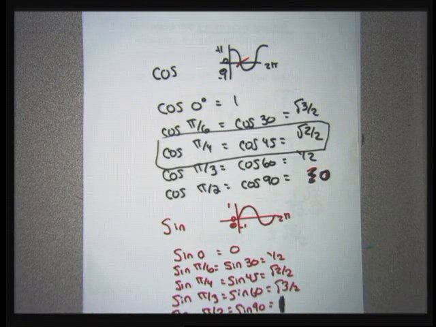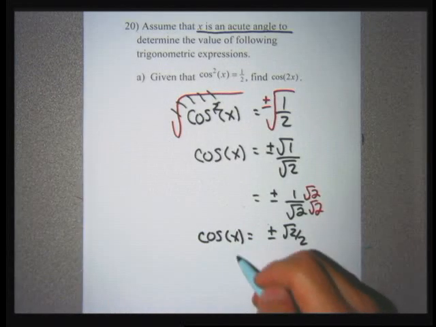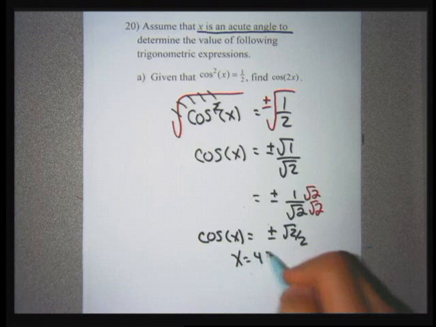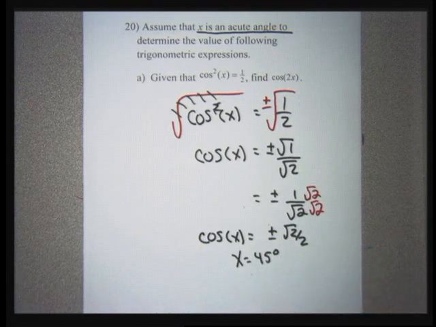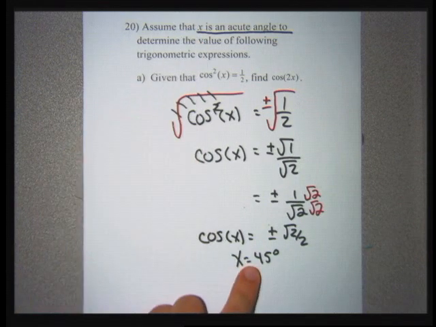I like degrees better, so I'm going to say my answer to this is x equals 45 degrees, realizing I'm limiting myself to the first quadrant. Again, if you took trig, 45 degrees, 135 degrees, 225 degrees, and 315 degrees would all be solutions to this problem, but not all solutions in the first quadrant. So now I know that x is 45 degrees.